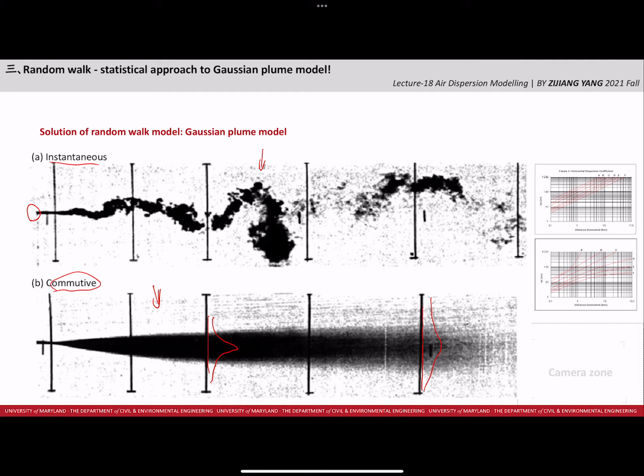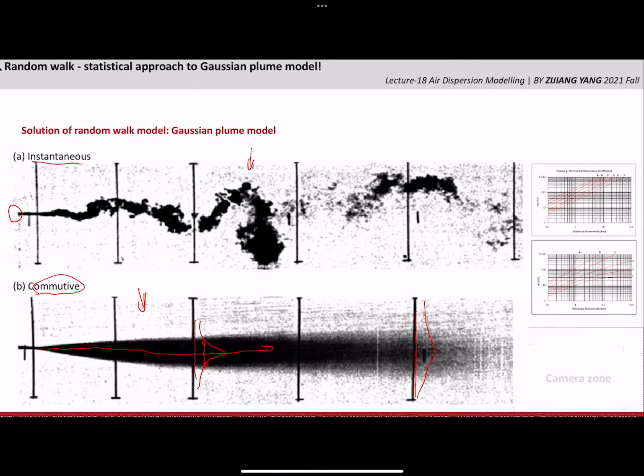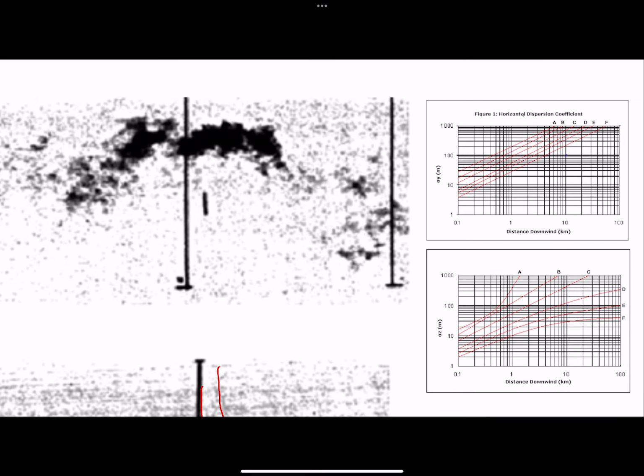So again, for this normal distribution, we already know the mean, but the standard deviation can again be found empirically from the same table.